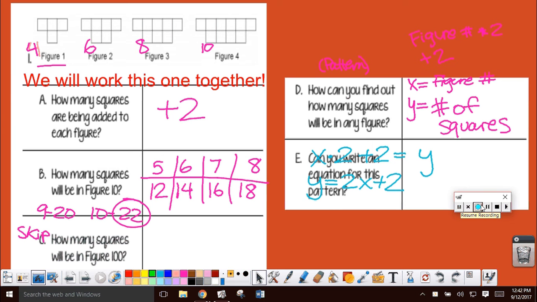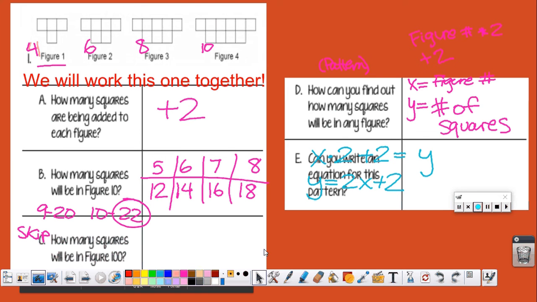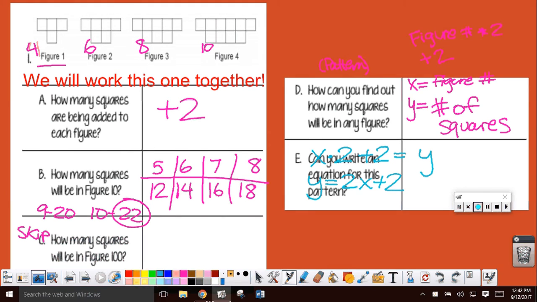How would we figure out how many squares were in figure 100? Yeah.